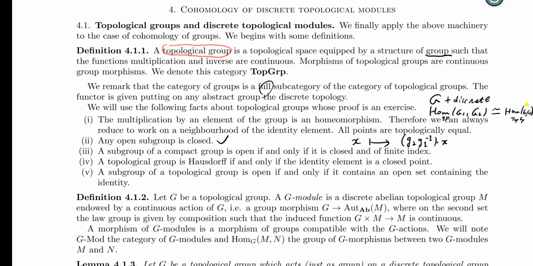What I mean is, if you start with an open subgroup, then it's closed. But if you start with a closed subgroup, it is open when the index is finite. Of course, not any subgroup is open or closed. We see a closed subgroup is open when it has finite index, and an open subgroup is always closed.